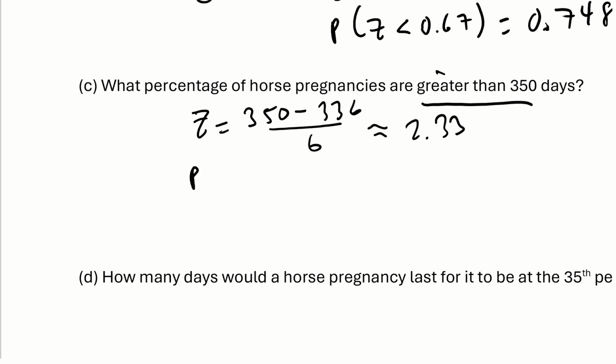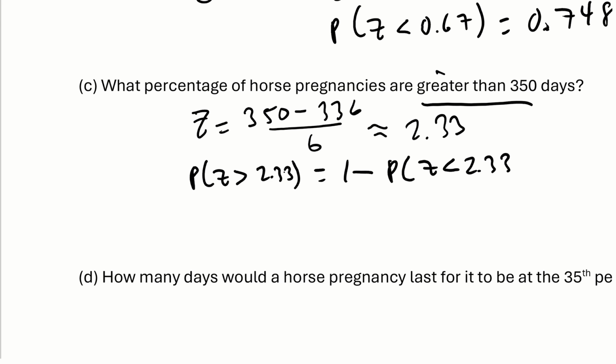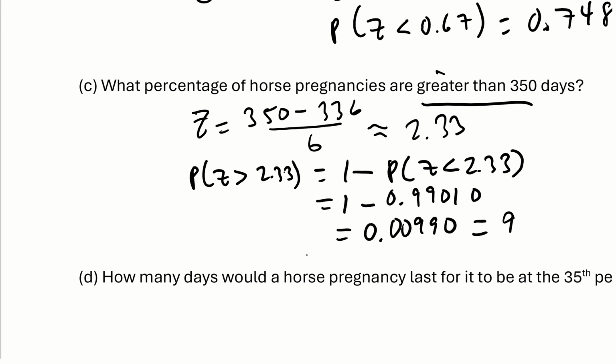So the probability that z is greater than 2.33 is 1 minus the probability that it's less than. The less than is from the table. So 1 minus the table value, 0.9901. So just do 1 minus the table and you'll be fine. That gives 0.0099, which is 0.99%.